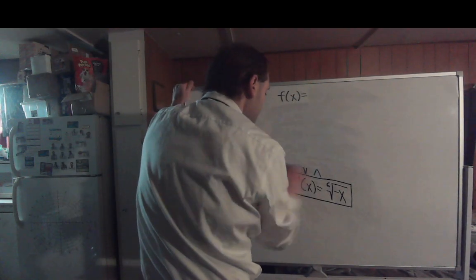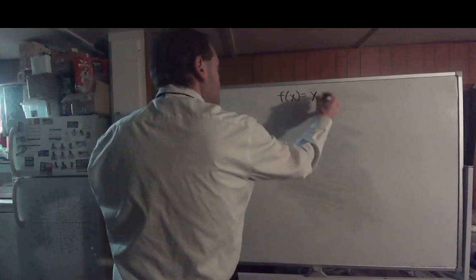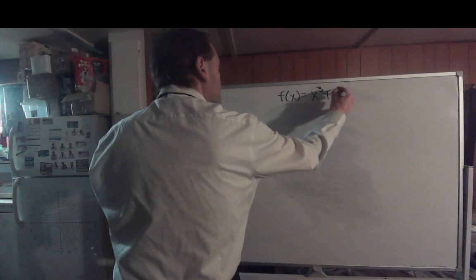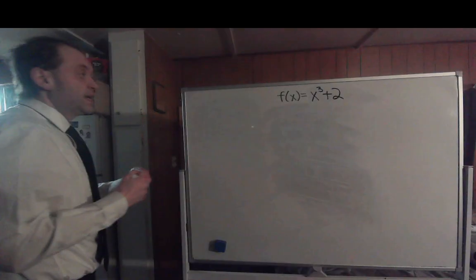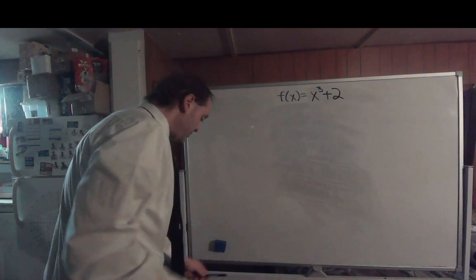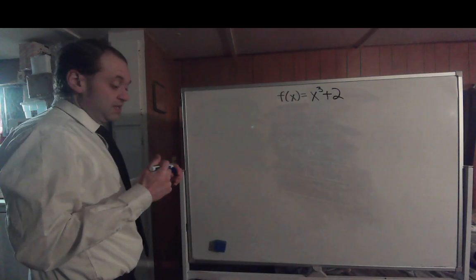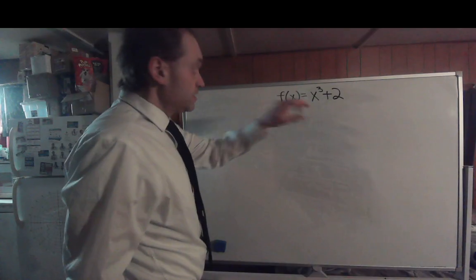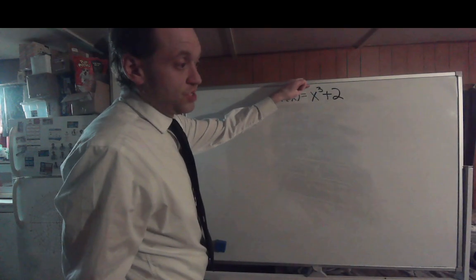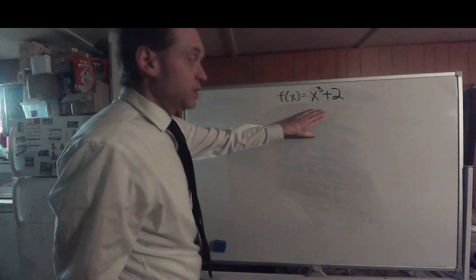All right, let's do a few more here. f of x equals x to the 3rd plus 2. Well, of course, this is an odd power function, so it's going to be 1 to 1.